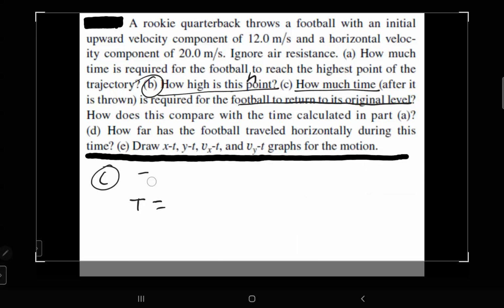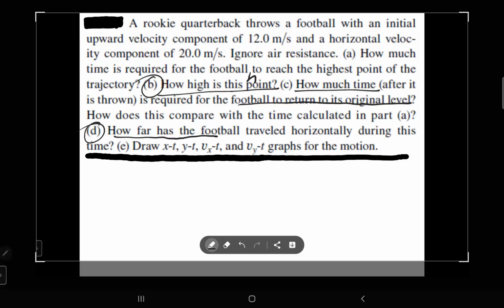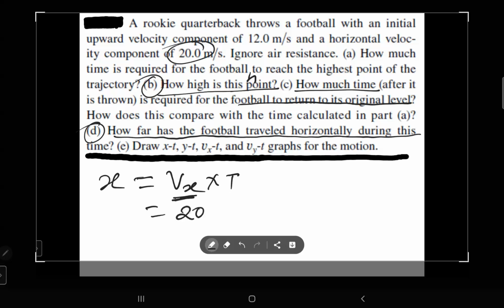Now the fourth one, which is D: how far has the football traveled horizontally? That is the horizontal range R, or you can simply say X. You need the horizontal velocity, which is the X component, and total time t. So what is the X velocity? X velocity is given here. So this is 20.0 meter per second into the total time we just calculated, which is 2.44.